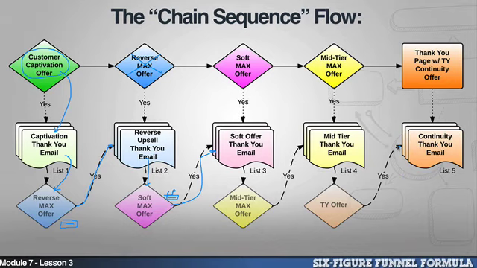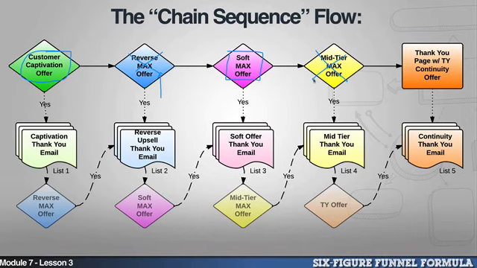The cool thing is that, let's say a customer buys the customer captivation offer, doesn't take the reverse add-on, but takes the soft offer add-on, which is a higher price point than the reverse add-on. Then they will not get a second chance for this, because we're going to continue to grow their value.